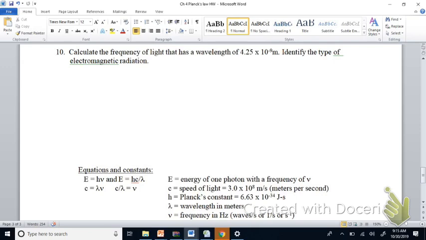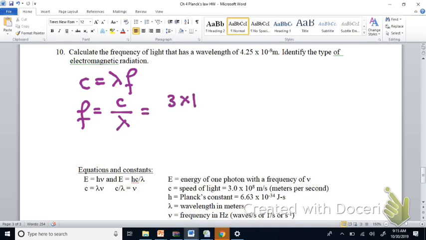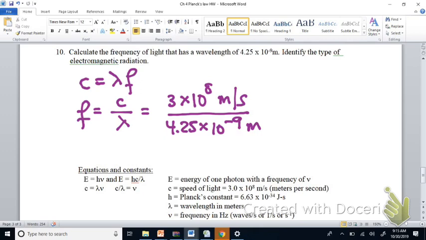So again, we're going to use c equals lambda f. f equals c divided by lambda, which is 3 times 10 to the 8 meters per second divided by 4.25 times 10 to the minus 9 meters.